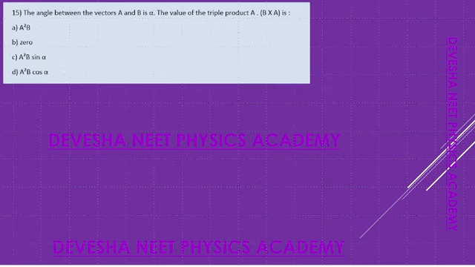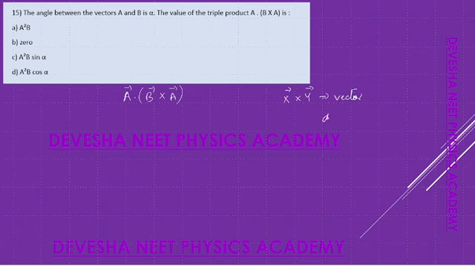The angle between the vectors A and B is alpha. We need to find the value of the triple product A dot B cross A. Now, friends, we had mentioned earlier that if, say for example, I take two different names, x cross y, this will be a vector.